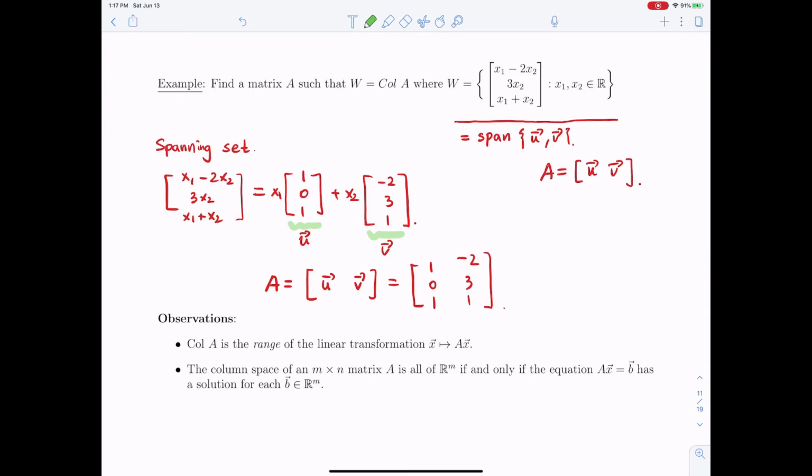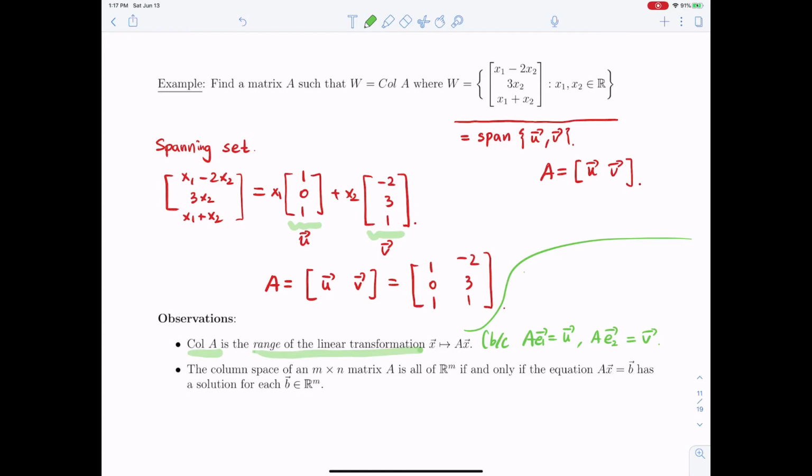Here, note that the column space of A gives you the range of the linear transformation sending x to Ax. This is because A times e1 equals the first column, which is u, and A times e2, the second column, equals v.